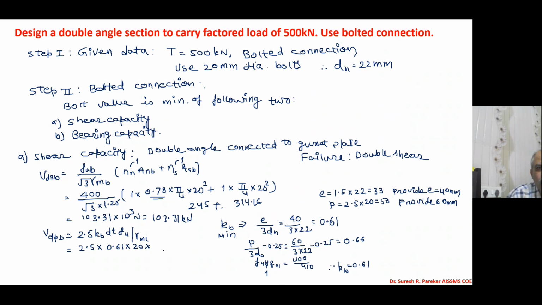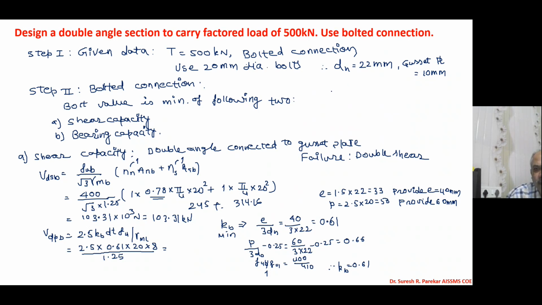Thickness. Actually, we do not have the angle thickness, so we will consider the gusset plate equal to 10 millimeter. And for the angle section, we will have to decide the thickness. We take 8 millimeter, divided by gamma ml 1.25.